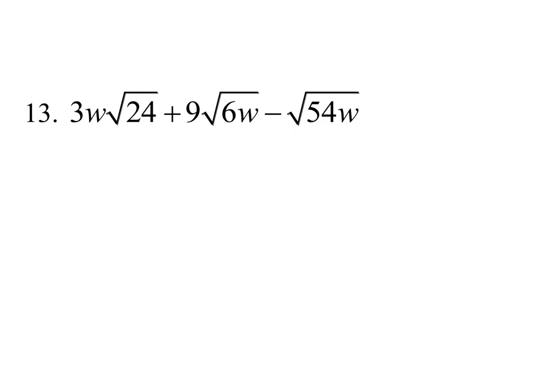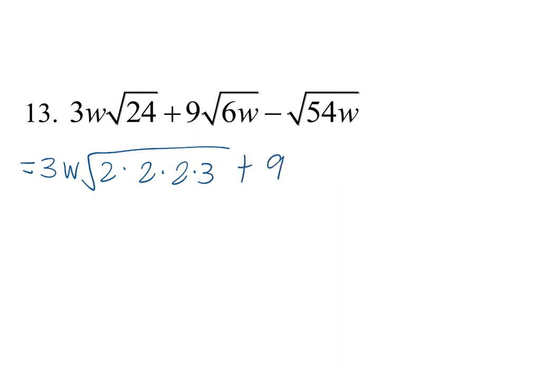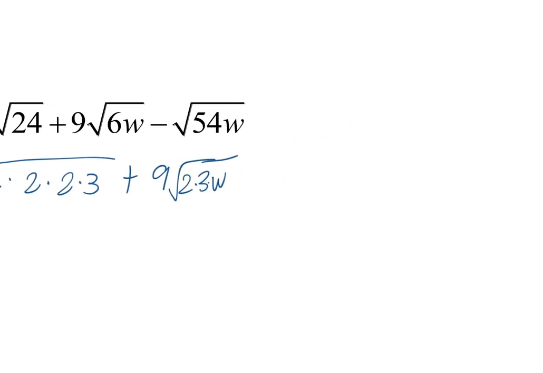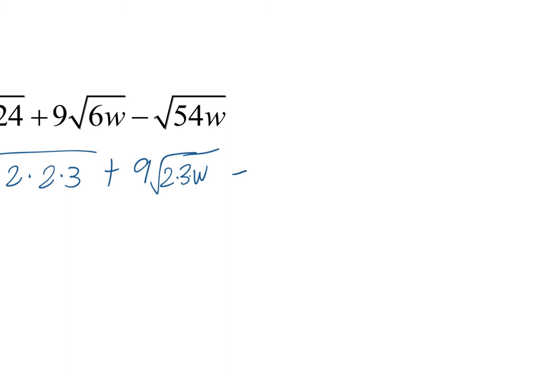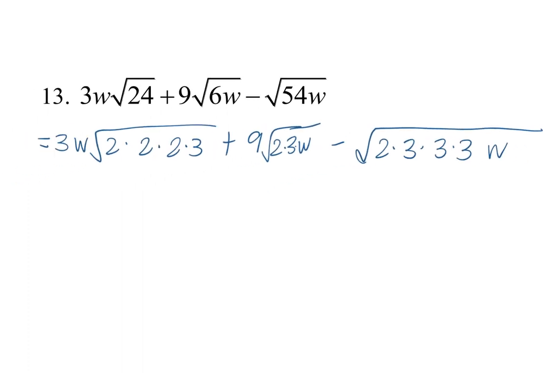And finally, for number 13, 3w to the 24th is 2 times 12, which is 2 times 6, which is 2 times 3. And we have 9 and 2 times 3 times w. And 54 is 2 times 27, which is 3 times 9, which is 3 times 3, and you have that w on the end.